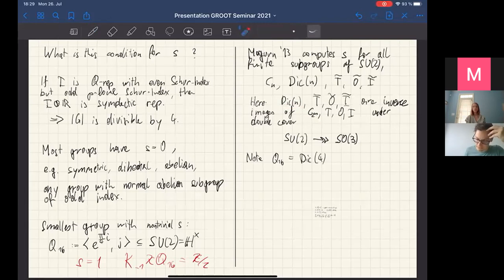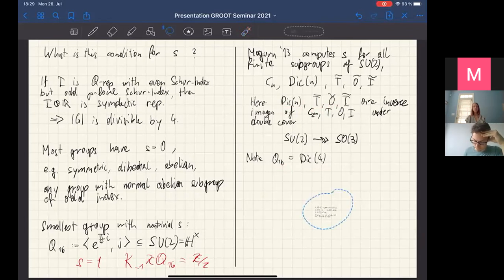It has to be the inverse images of 2n, and then the sporadic cases here, I'll go in a second, of the double cover of SU2 on SO3. And the groups T here is the tetrahedral group, the symmetries of the tetrahedron. O is the octahedral group, symmetry groups of the octahedron, and I is for the icosahedron, the symmetry groups. So those are called binary tetrahedral, binary octahedral, and binary icosahedral groups. And the group dicyclic N, so if you plug in the value 4 here, you exactly get Q16 back.